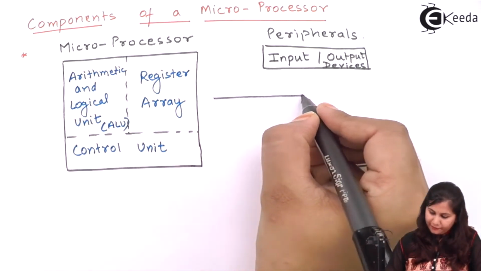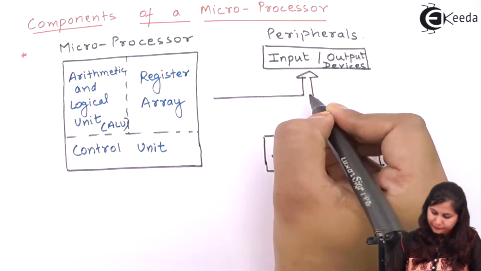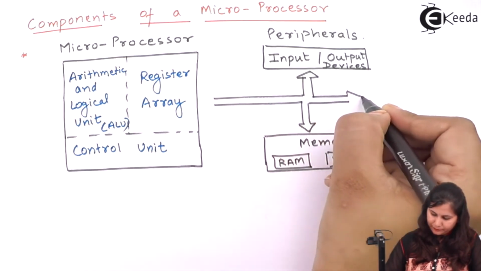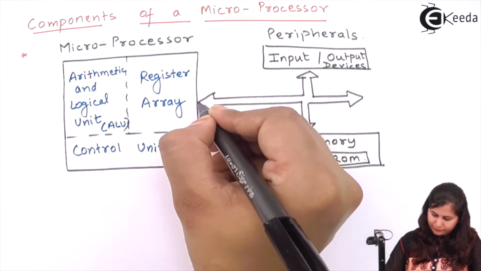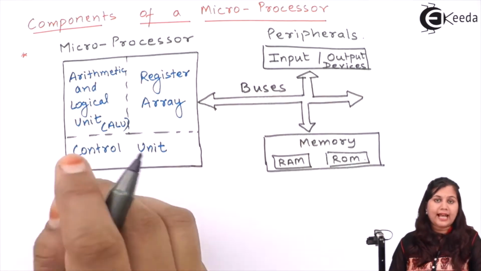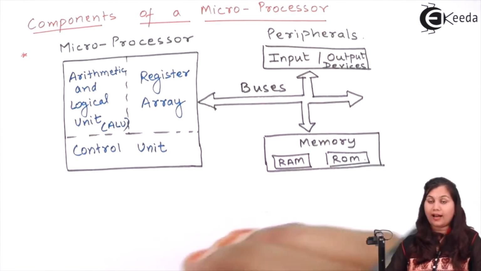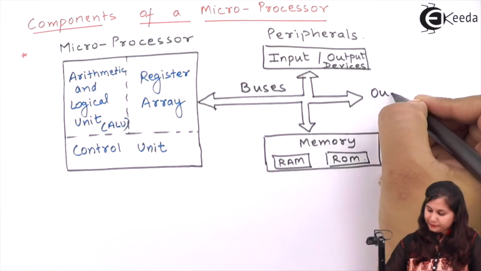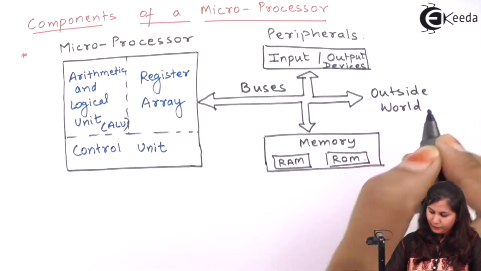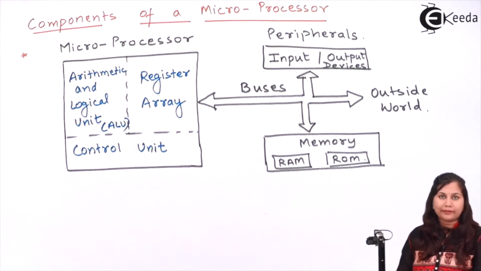So here we have buses for that. These are the buses which act as a communication link between the memory, microprocessor, peripherals and the outside world. So this block diagram shows us the various components of the microprocessor.